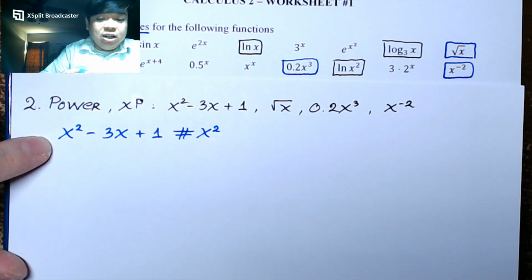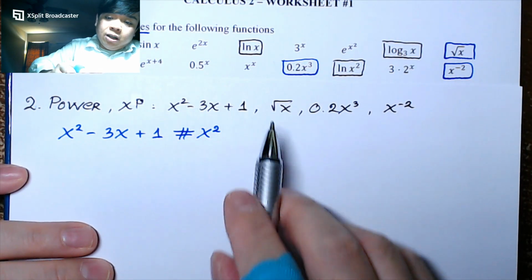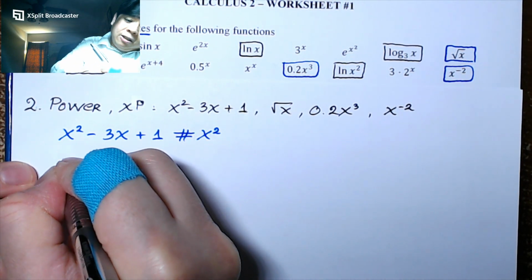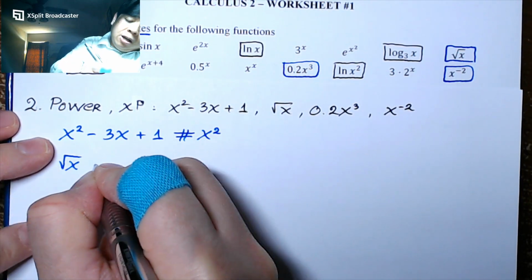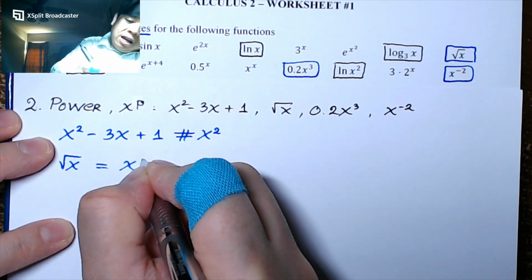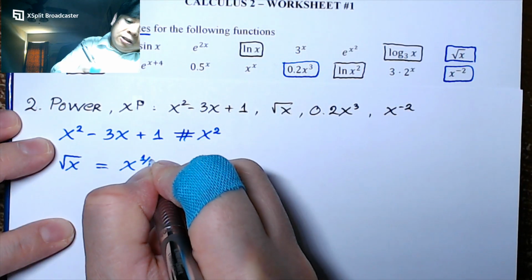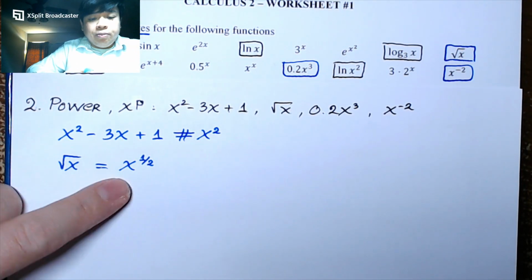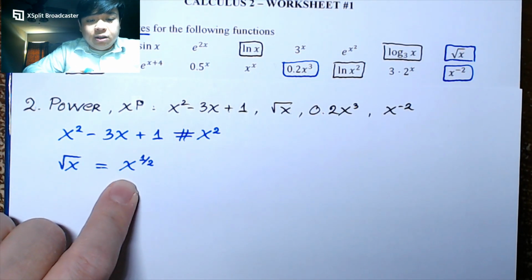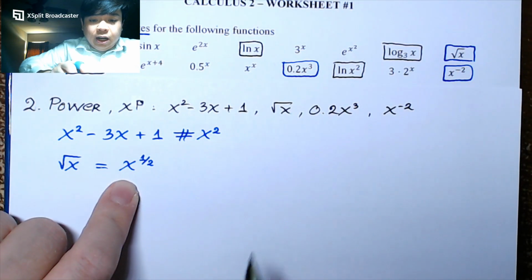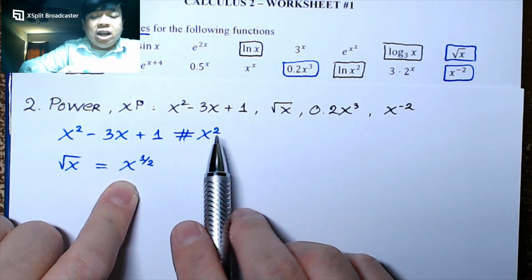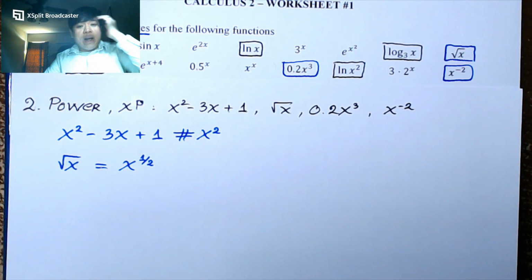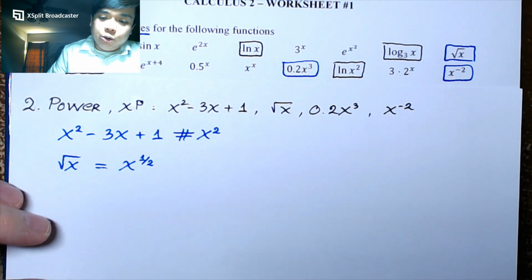Coefficient, if there's any, does not affect it at all. Square root of x, we can write that as x to the 1/2. Because x squared will be faster than x to the 1/2, we have the growth rate for those two.